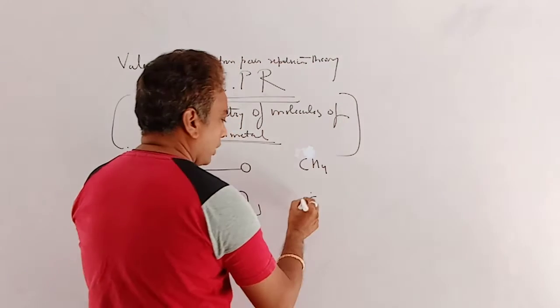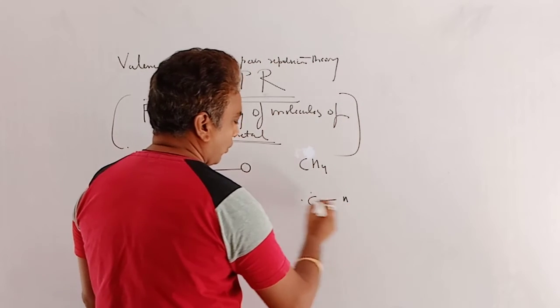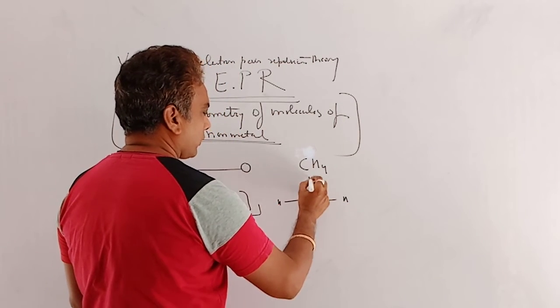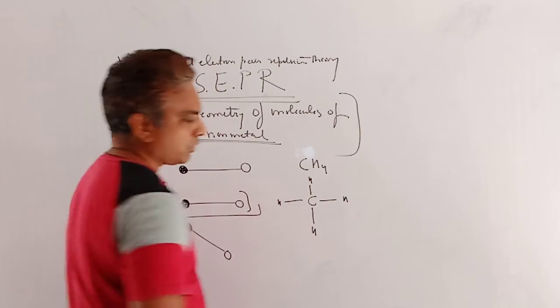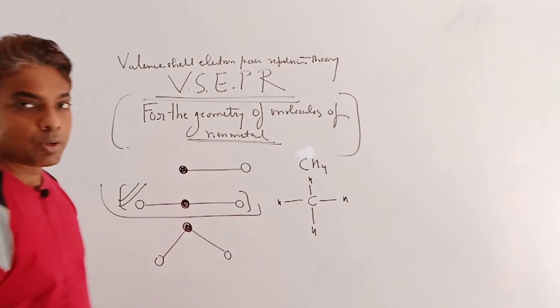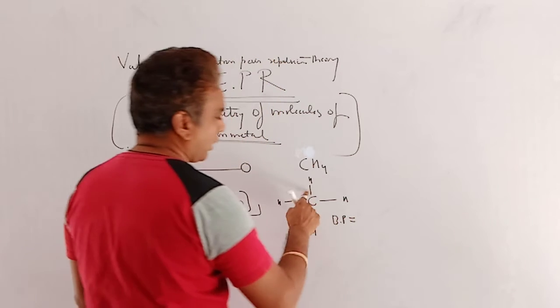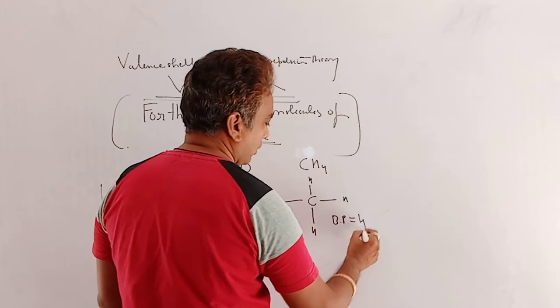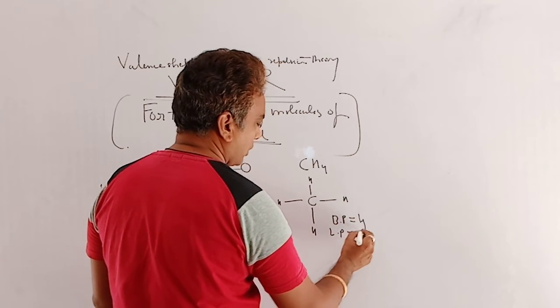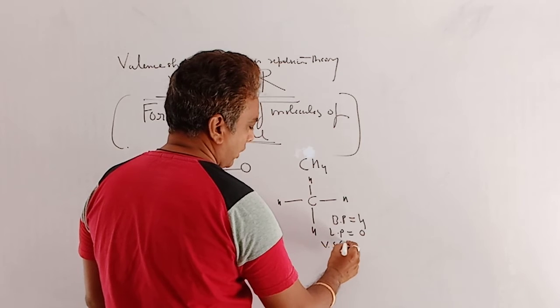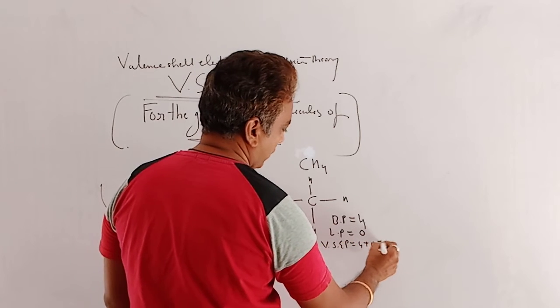Carbon contains 4 electrons in the outer shell and all 4 are shared with hydrogen, like this. Clear? So the number of bond pairs with respect to carbon in methane is 1, 2, 3, 4. Number of lone pairs is 0. So the number of valence shell electron pairs is 4 plus 0, which is 4.